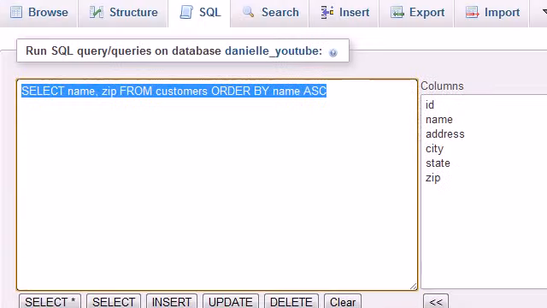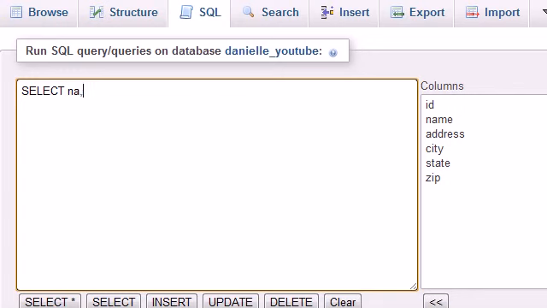Now, another thing I want to talk about is a lot of people are wondering, how can I just extract the highest or lowest value? Well, in order to do this, probably the easiest way is to, let me go ahead and give you guys an example. Select name, ID from customers, order by ID, and like I said, say we wanted to get the highest value of the ID number, the customer with the highest ID number.